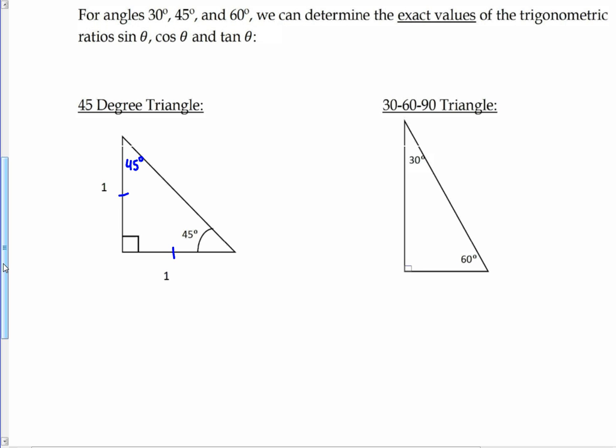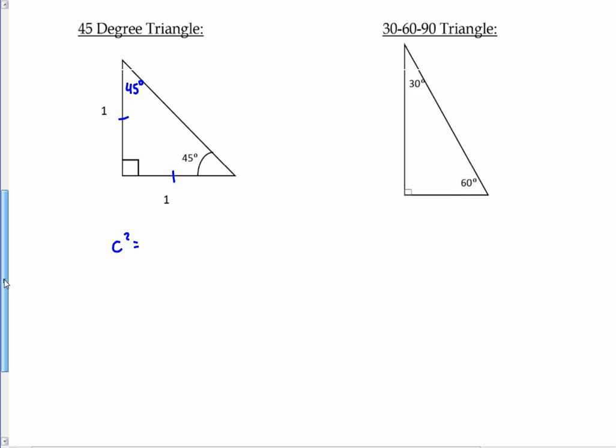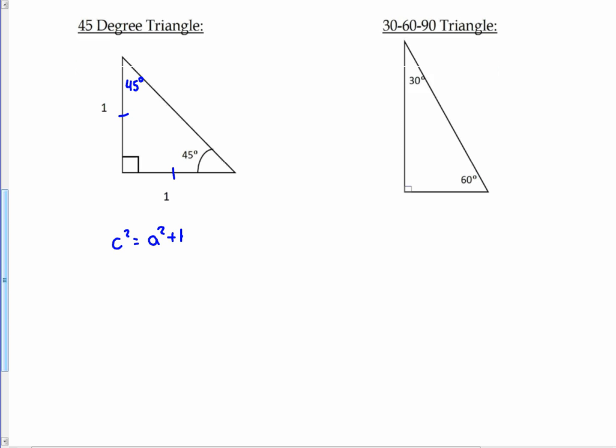Okay, using Pythagorean, why don't you solve for the hypotenuse? C squared equals A squared plus B squared. Square root of 2. And we want to leave it as an exact.